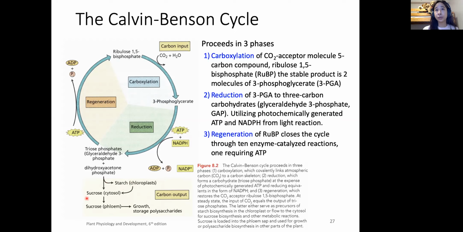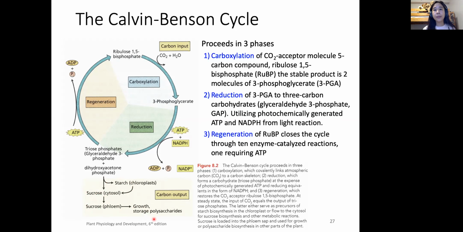It can be used to make sucrose, and this sucrose can be transported in the phloem. So the sugar that can be transported in the phloem is in the form of sucrose. And this will be stored as polysaccharide in different tissues that cannot do photosynthesis.